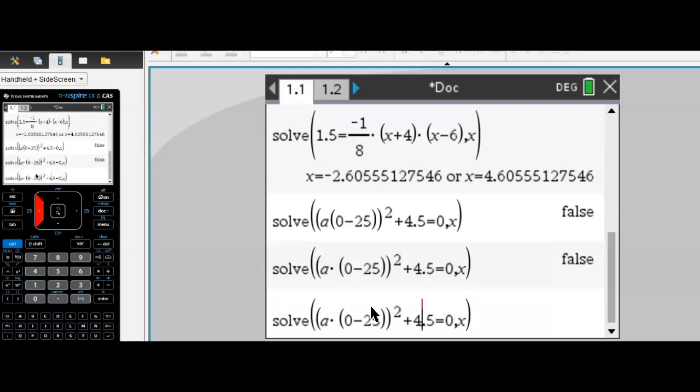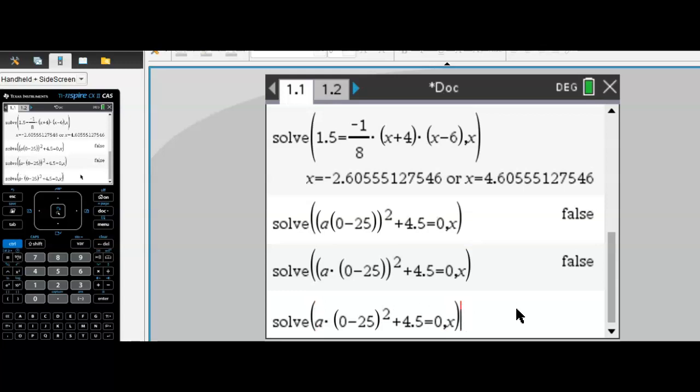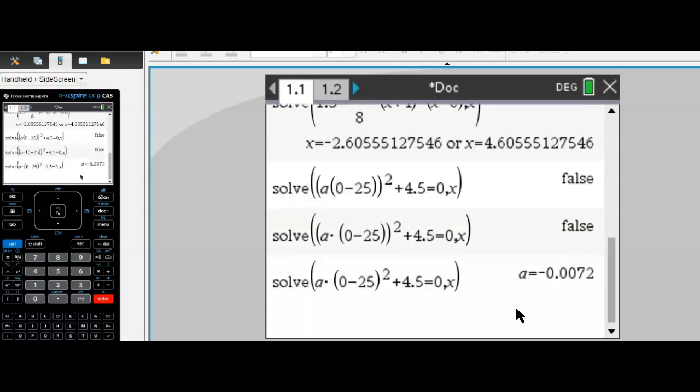Okay, so my square is around the wrong thing. It needs to be around the 0 minus 25. Just make sure that's right now. Probably got too many brackets there, but that's all good. There we go. All right, so it's put it in decimal form.